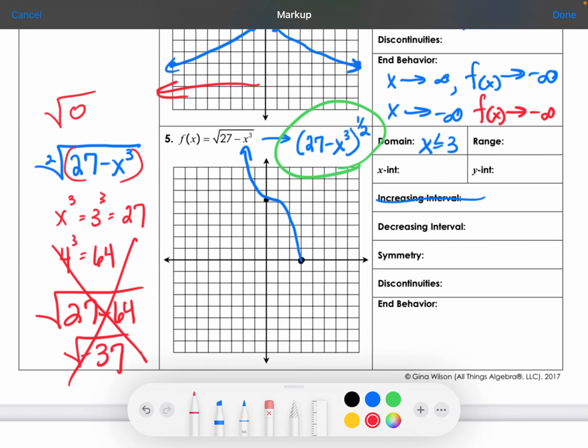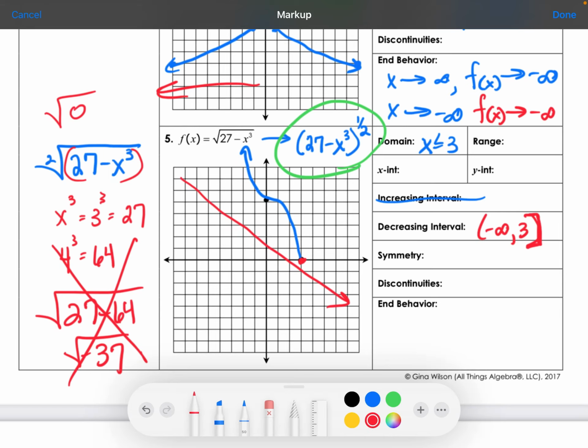But what we're looking at is what's happening when we go left to right. It's actually going down, right? We just don't have an arrow here because it has to stop here. So it's not increasing, it's decreasing from -infinity to 3, right? I think it includes 3 though, doesn't it? I feel like it should include 3.